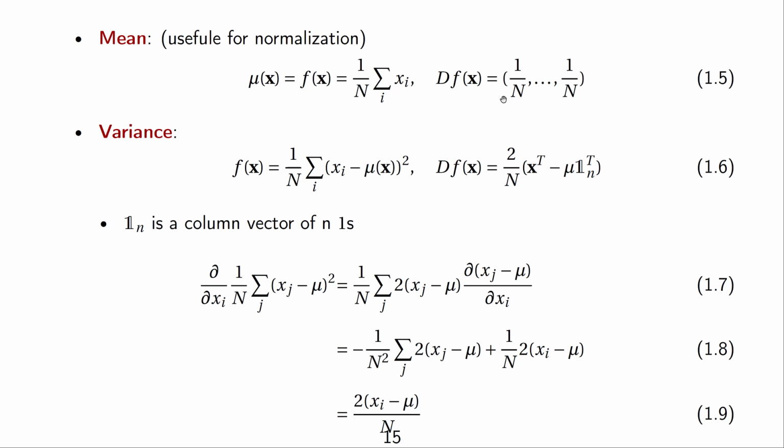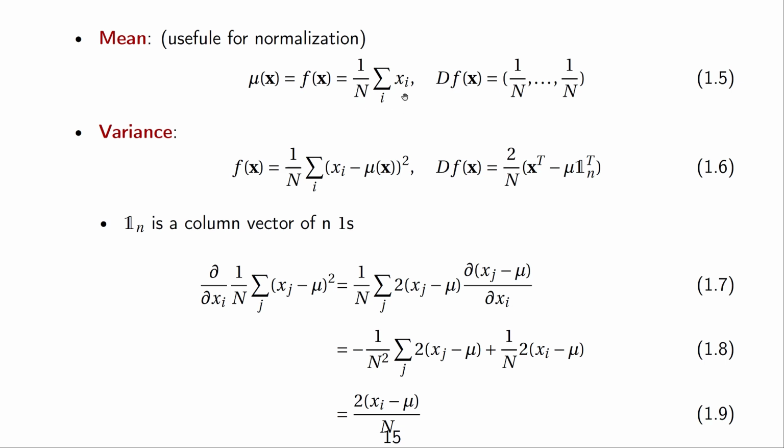And so the derivative then is simply 1 divided by n, 1 divided by n, 1 divided by n, however long the input vector x is. So the derivative is this row vector, and each element of this row vector is 1 divided by n. This can be simply verified if we look at this expression and we look at the partial derivative of the output with respect to one particular input xi, so let's say x7.